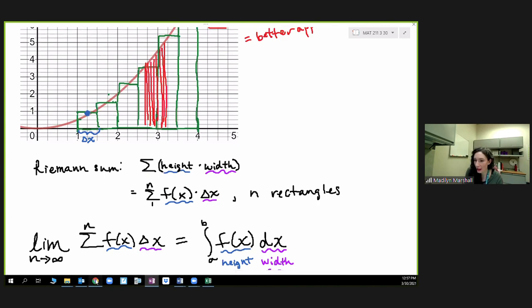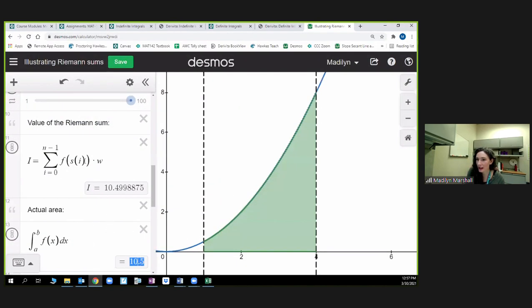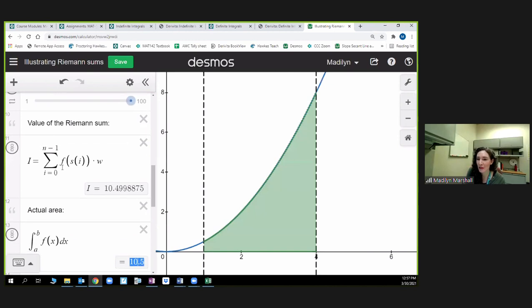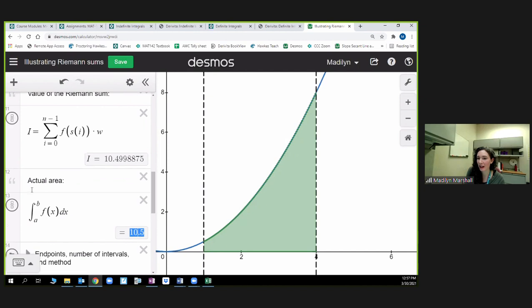And so if we can imagine on this, if we were able to keep this slider going off to infinity, the number of rectangles we have would go to infinity and our area would turn into the integral. And this is a definite integral because we have endpoints now. We're going from one place to another.